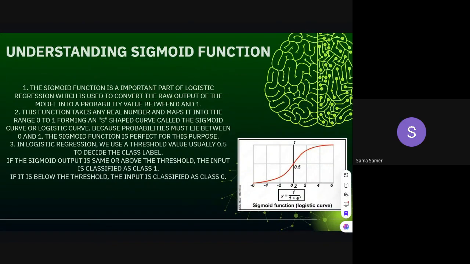After feeding our data to the model, we see the linear relation with the linear regression equation, which is z = w1x1 and so on. We feed it inside the sigmoid function. The sigmoid function is the important part of logistic regression. It is used to convert the raw output of the model into a probability between 0 and 1.